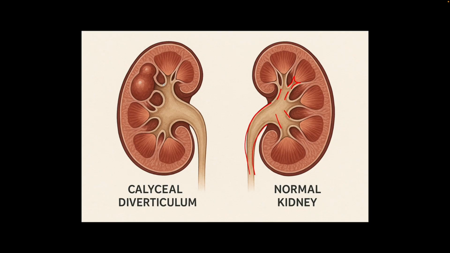Sometimes there is a diverticulum that develops from the calyx, and it can look like this, shown right here, and then urine can go in and come out of this diverticulum, and because there is a space that is created, there is stasis of urine, and like we saw earlier, it can lead to stone formation.